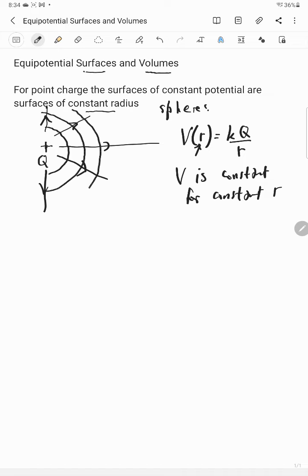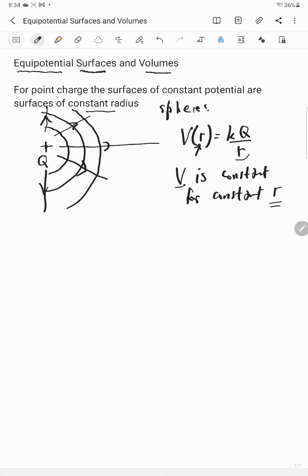They're spheres in 3D, right? And each of these surfaces is a constant R surface. And if you manage to have a constant R, you're going to have a constant value of the potential. And these are referred to as equipotential, and in these cases, they are surfaces that are equipotential, right?